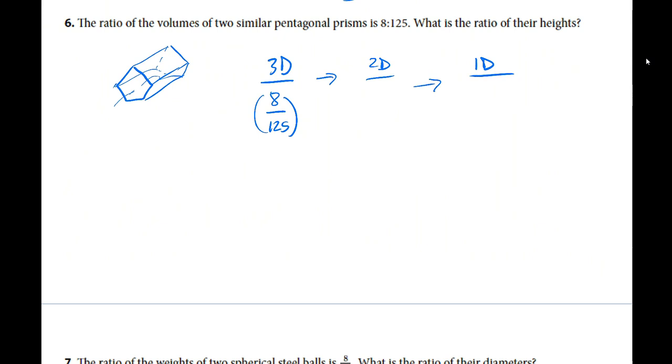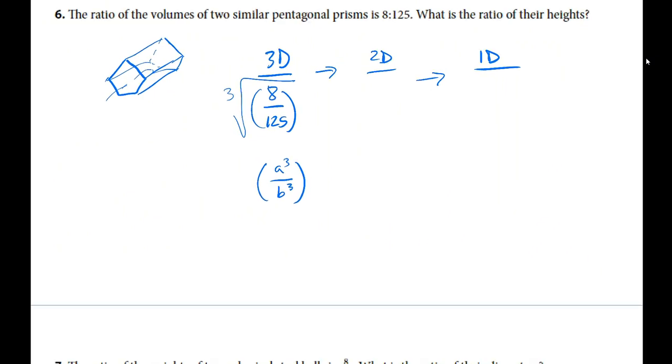And so this one here is the A to the third, B to the third ratio. If we take the cube root of this really quick, the cube root is what number to the third power equals that. You can punch that into a calculator using the X to the Y button, and raise 8 over 125 to the 1/3 power.